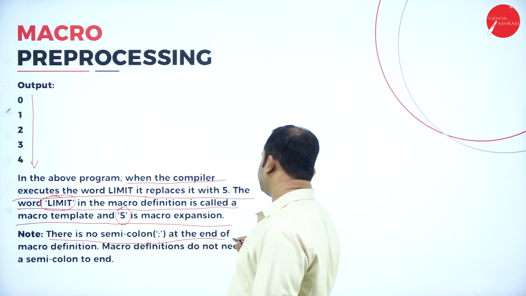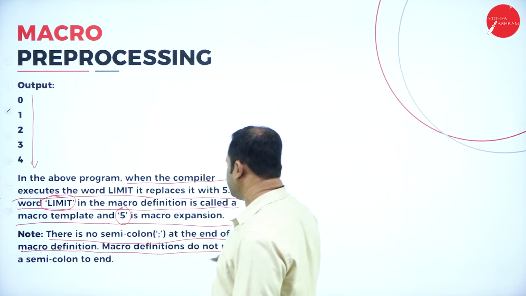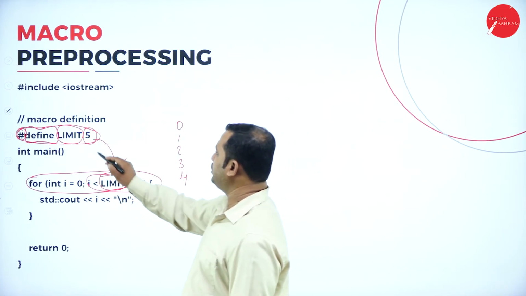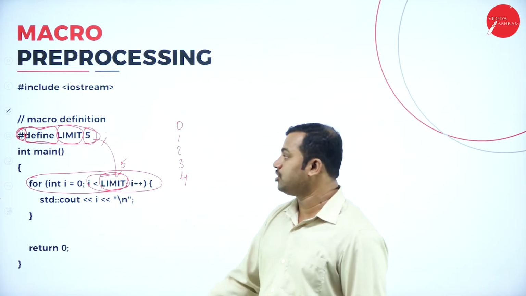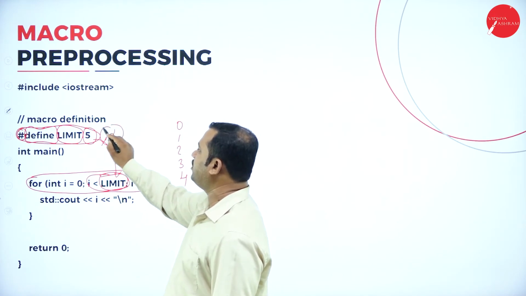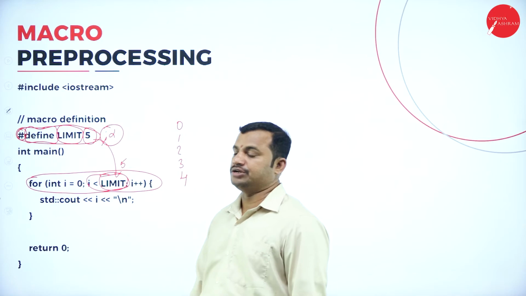There is no semicolon at the end of a macro definition. Macro definitions do not need a semicolon at the end. Since it is a directive, there is no need of a semicolon at all at the end of this macro definition.